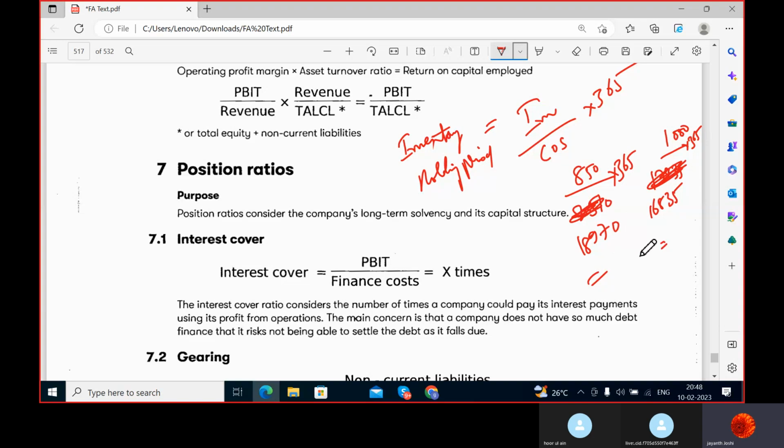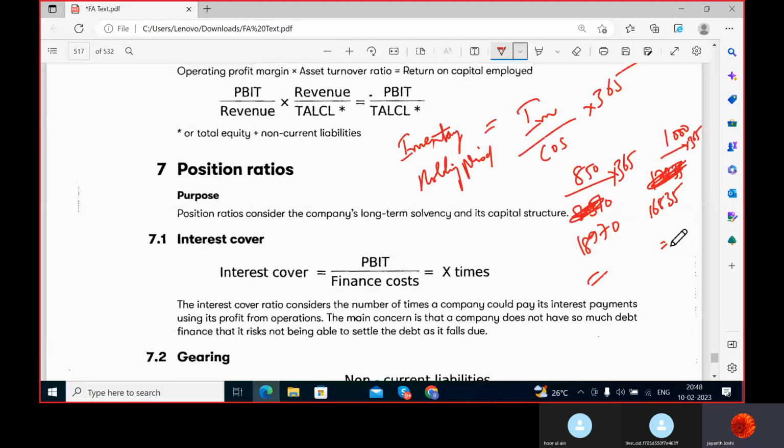Now you find out. Come on, tell. So 16.3 and 21.6. 16.3 for which year?